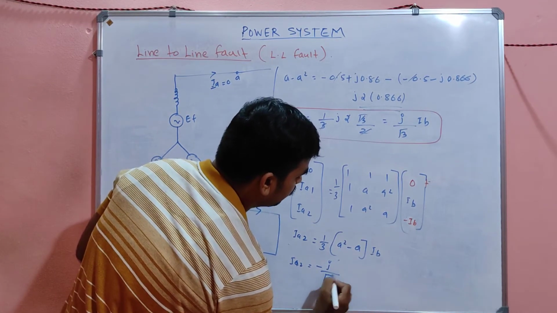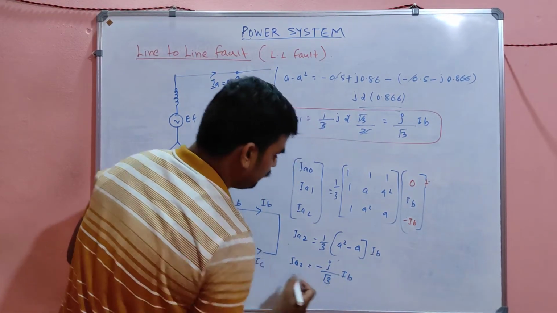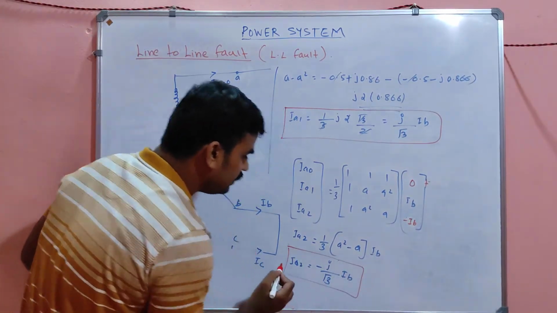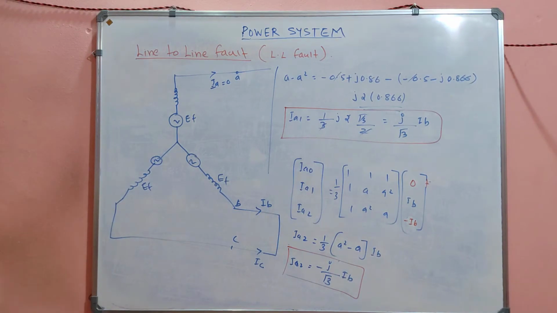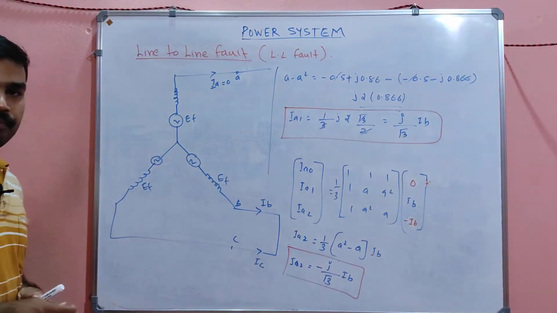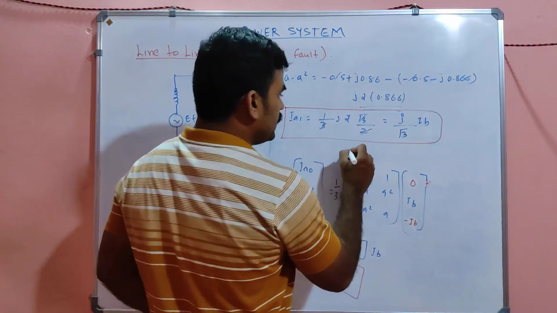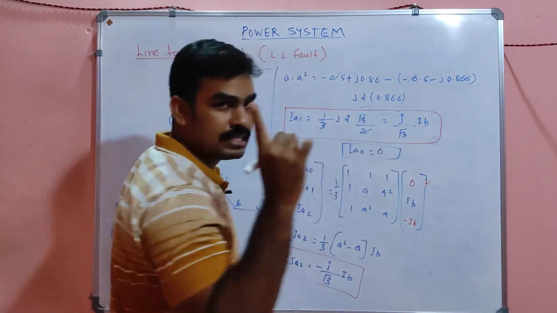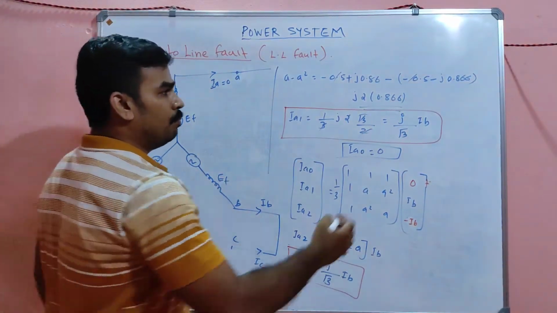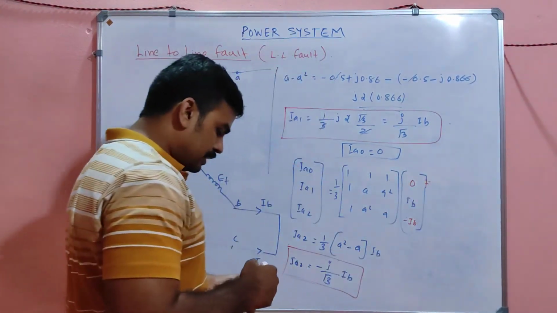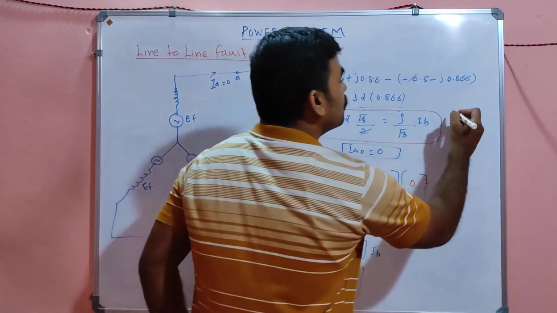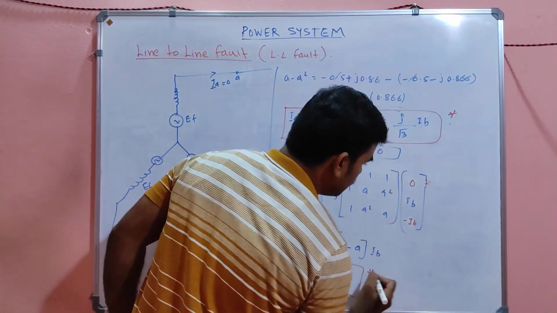So the conclusion from the double line fault is that there is no zero sequence component, IA0 will be equal to 0. First conclusion: positive and negative sequence are equal and opposite. Very interesting result.